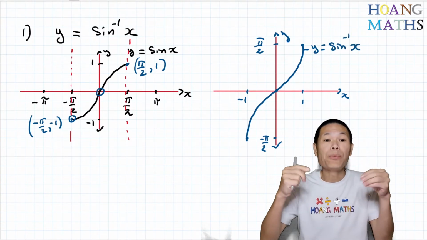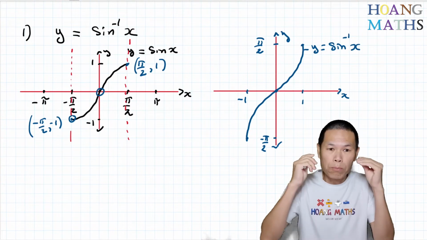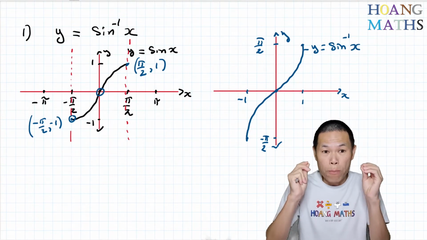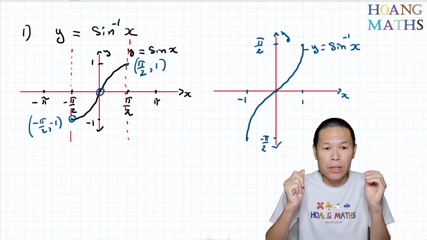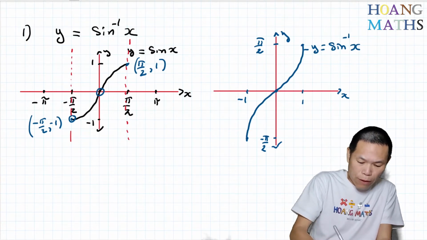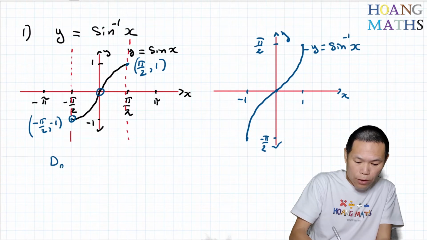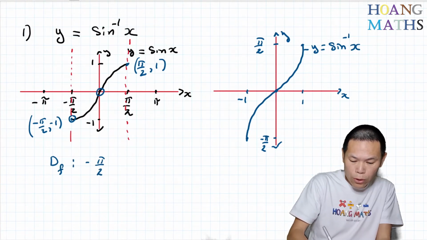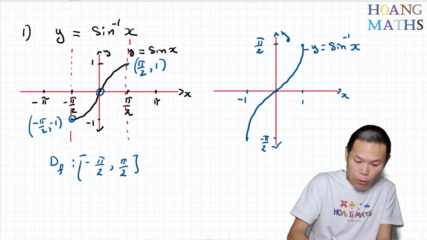So this is the inverse sine of x now. So please remember, we need to know the domain and the range of the inverse trig functions. So for this function here, the domain is between negative pi over 2 and pi over 2. That is the domain, and inclusive, of course.